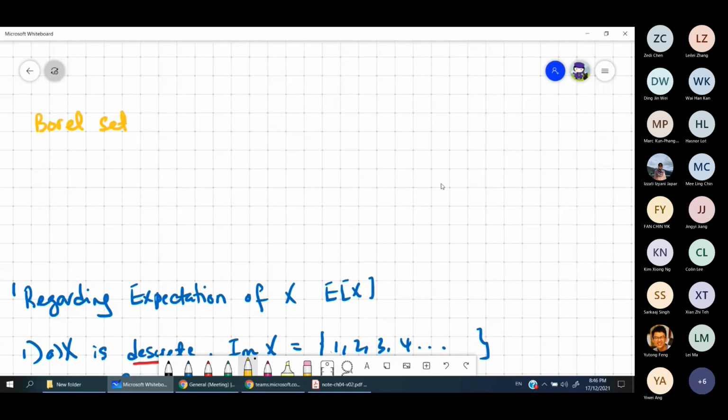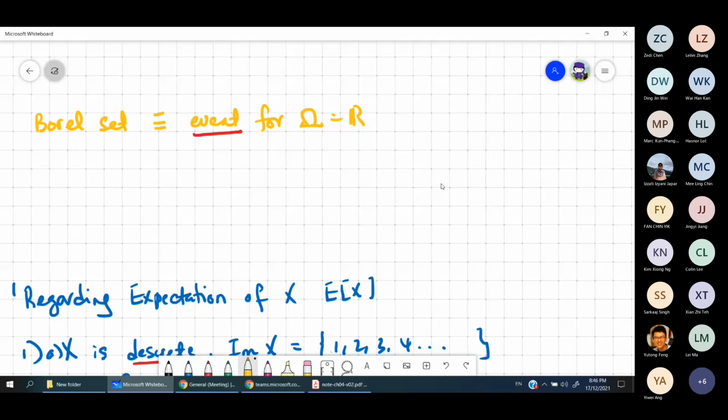A Borel set means an event for omega equals R. You can put it this way. So a Borel set is an event.